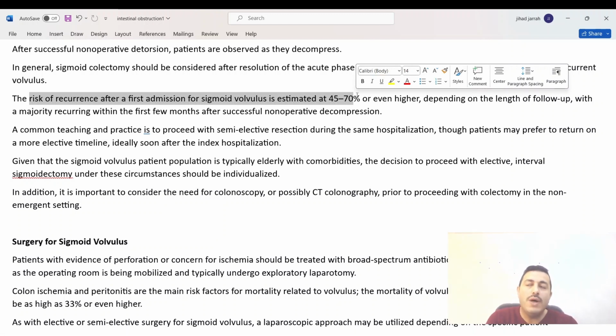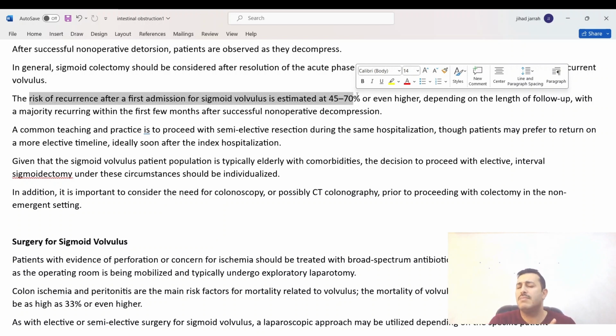So, what to do? I did decompression with a proctoscope or sigmoidoscope. I inserted a rectal tube. So, is it enough? No, we usually proceed for surgery. But when, this is the question. Is it in an emergency, immediately after detorsion, or in a semi-elective setting?